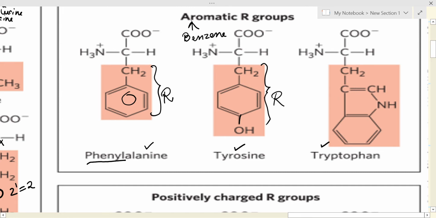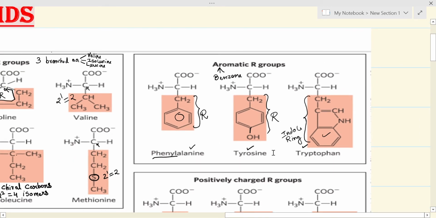And tryptophan, we have this indole ring. This is known as the indole ring, and this is the benzene ring here. So there are 3 aromatic amino acids: phenylalanine, tyrosine and tryptophan.